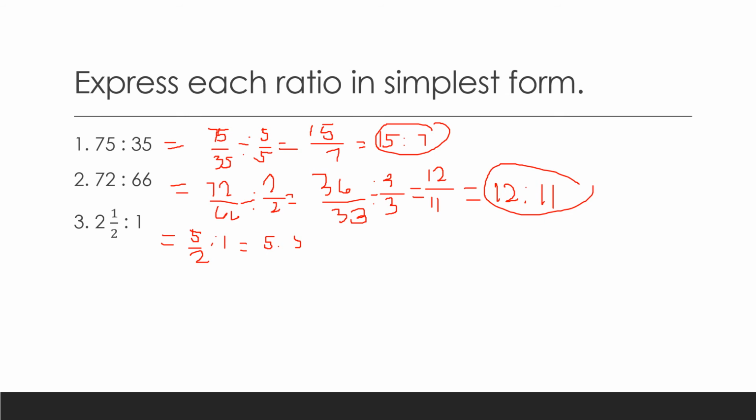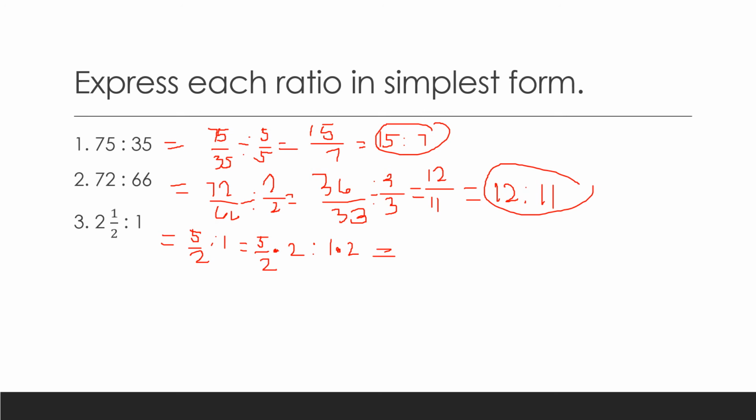So, the denominator is 2, so we need to multiply both by 2. So, 5 over 2 times 2, and 1 times 2.